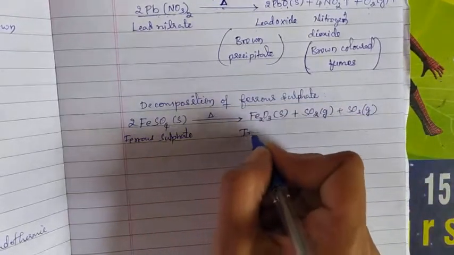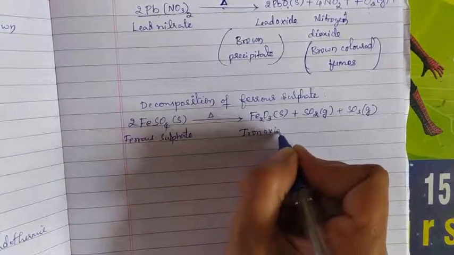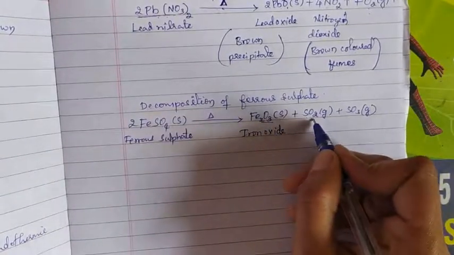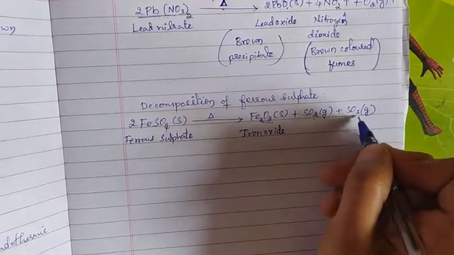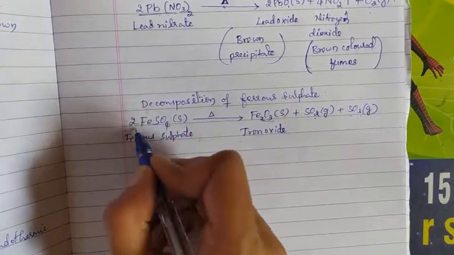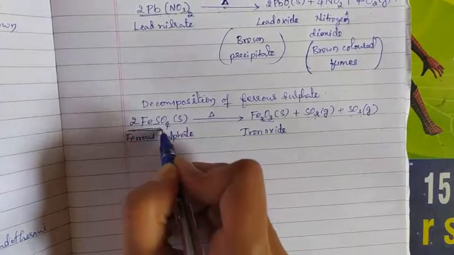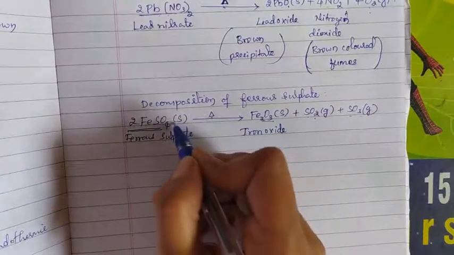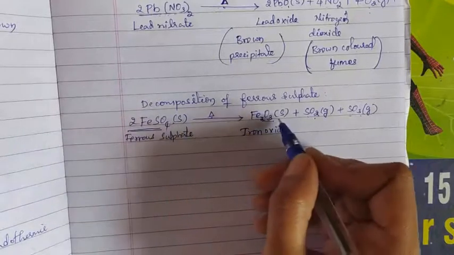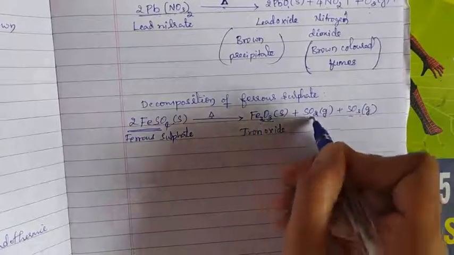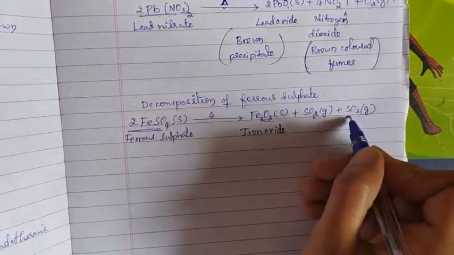Okay, this is iron oxide. Along with the formation of this iron oxide, sulfur dioxide gas and sulfur trioxide gas are also released. See here, this single reactant, on absorbing heat energy, breaks into simpler products, that is iron oxide, sulfur dioxide and sulfur trioxide.